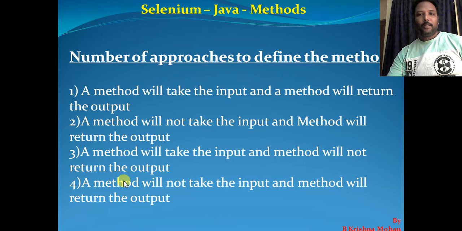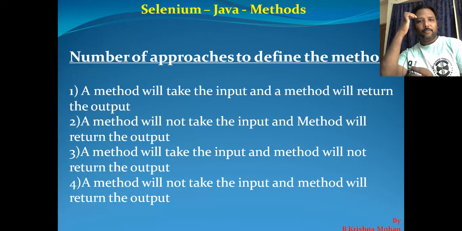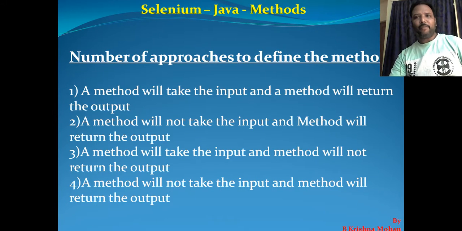And a method will not take the input and will not return the output. First is a method taking the input and returning the value, and the second one is the method will not take the input and will return the output. Actually it will not return the output. There might be a small mistake, I think.